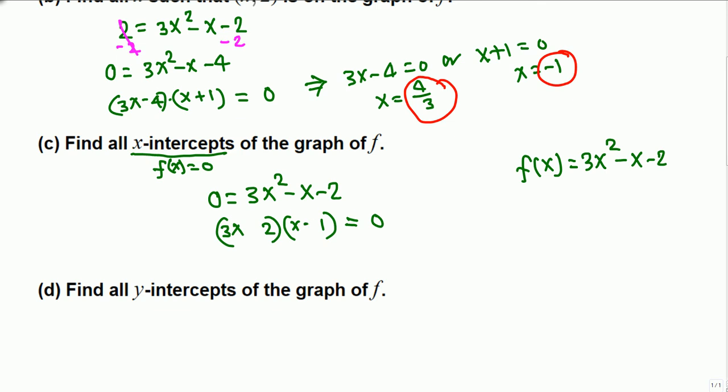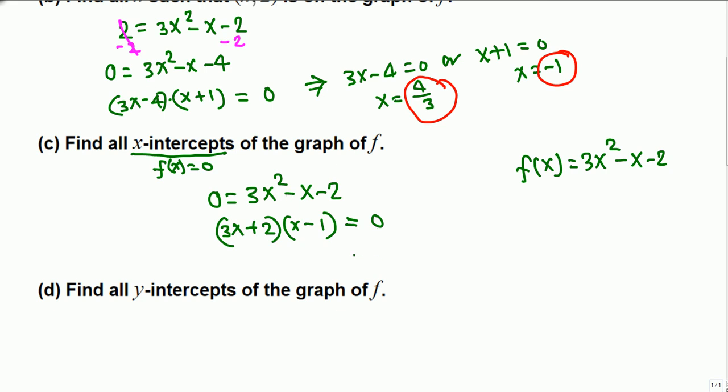We have to get negative, so negative goes here, plus here. If we multiply, we'll get this back, because 3x squared, 2 times negative 1 is negative 2, 3x times negative 1 is negative 3x, and plus 2x, they make negative x.